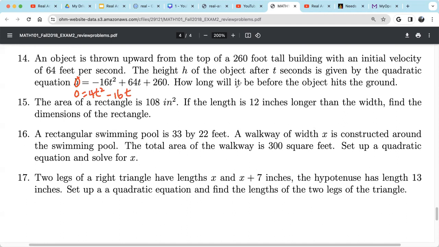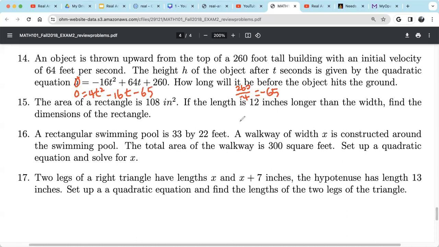Then 260, let's divide it one more time by negative 4, which is a negative number, right? So 4 goes into 26, 6 times, and then 20, 5, so negative 65.